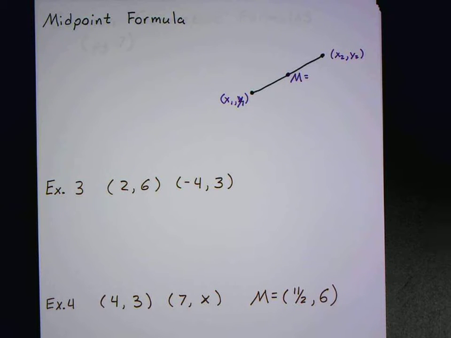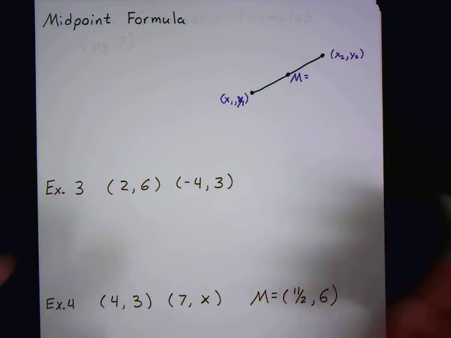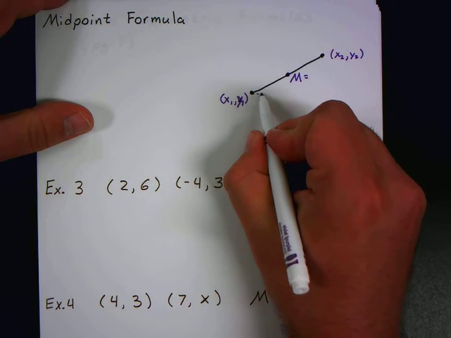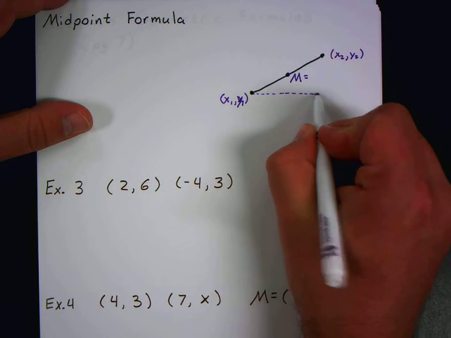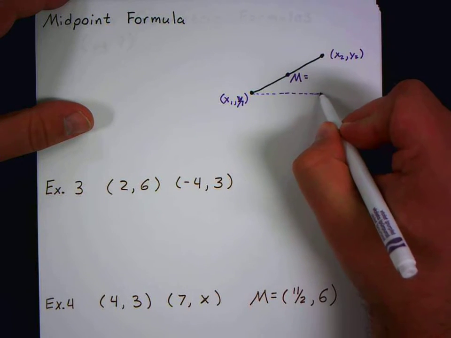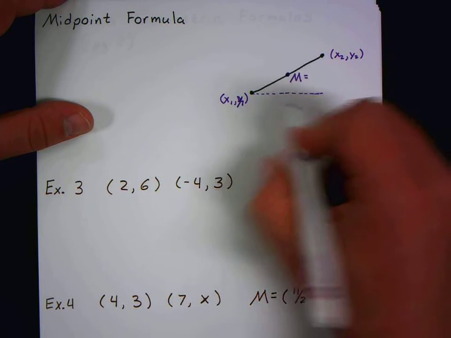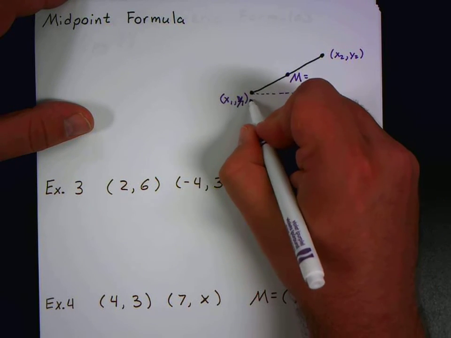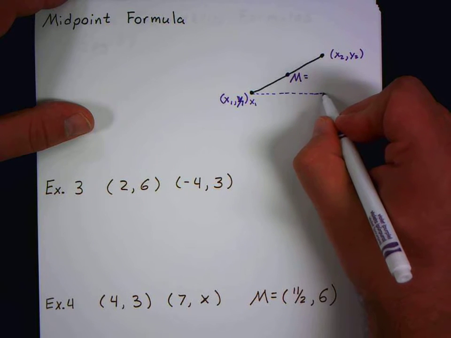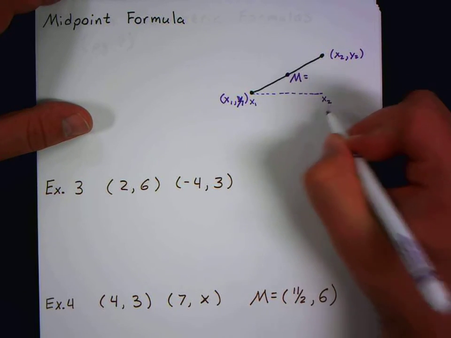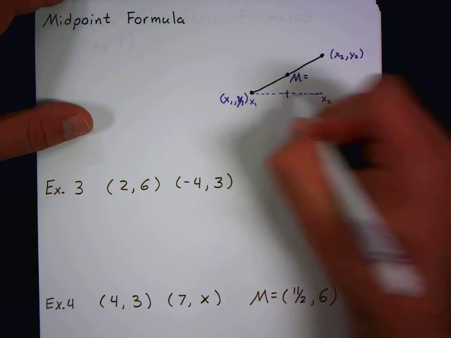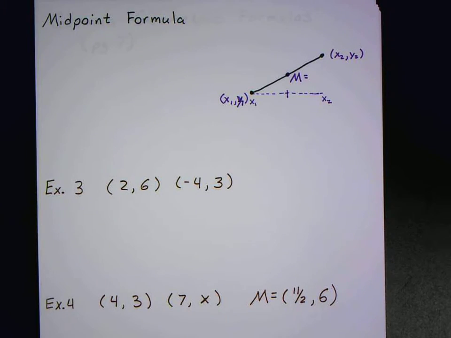Now we talked about, when we're talking about horizontal distance, if I want this distance here, I only care about the x values, right? So, this x value here is x1. This x value here is x2. How do I find that middle x value? Add them and divide by 2.